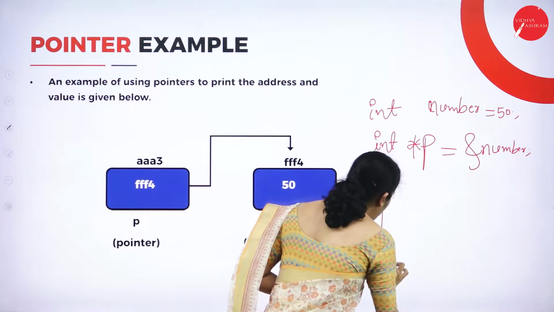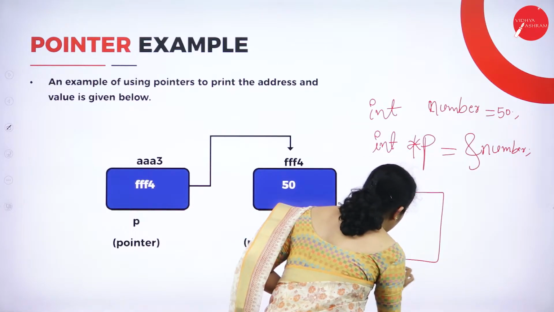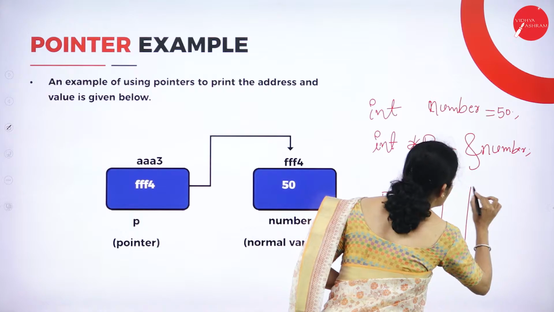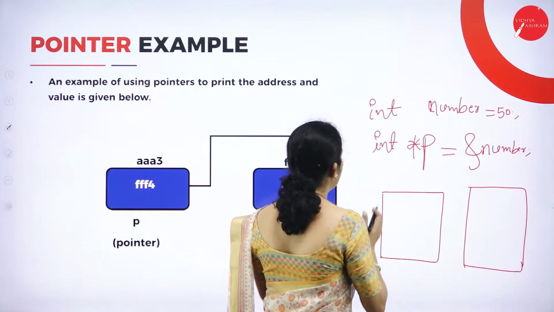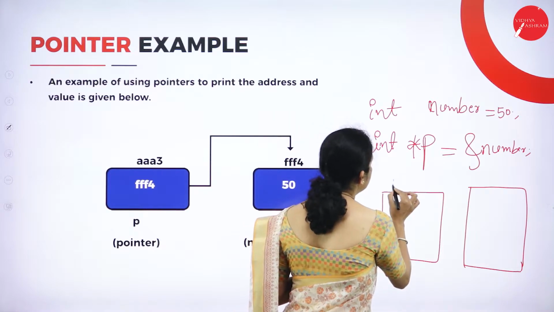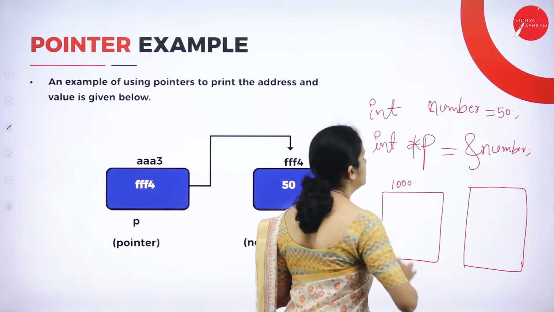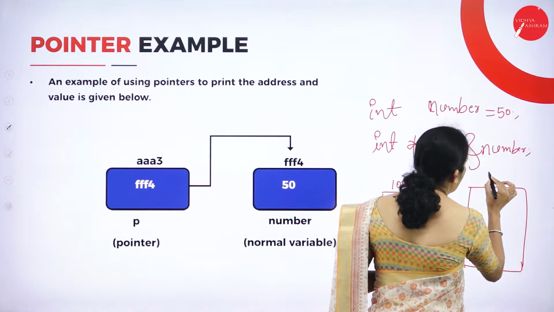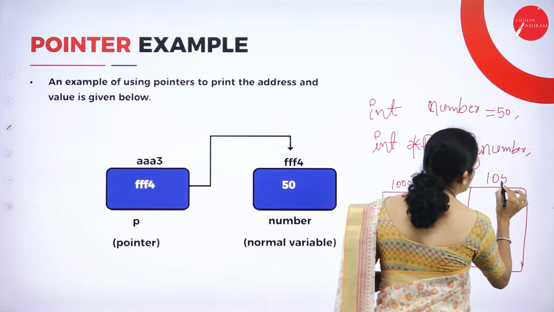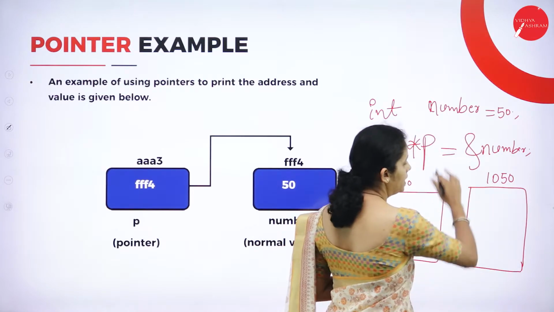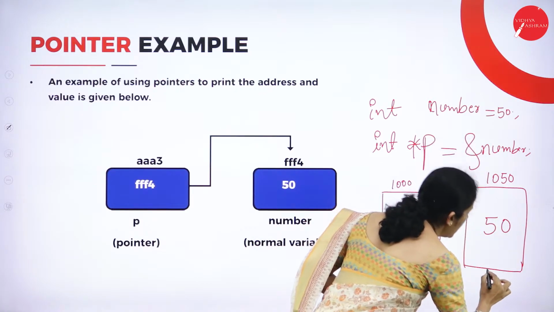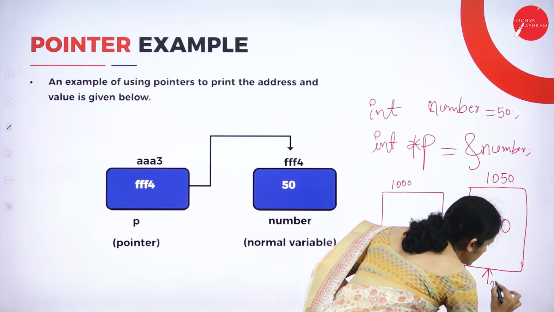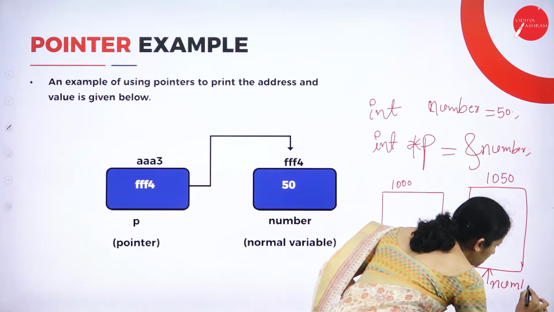Now in my computer, memory is reserved for the pointer as well as number. For example, the pointer's address is say 1000 and the number's address is say 1050. In 1050, 50 is stored, and here it is number.